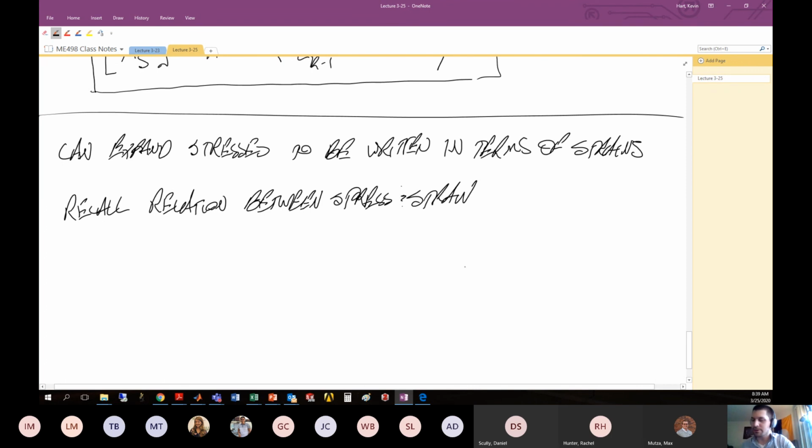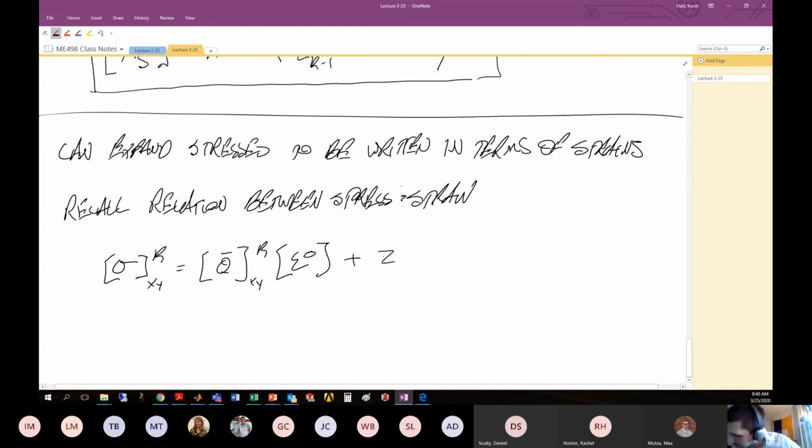We wrote at the beginning of this lecture, or sort of we reviewed, that the stress in lamina K was equal to Q bar, which is the stiffness in XY of lamina K, multiplied by the midplane strains plus the thickness times the stiffness in the XY direction of layer K, multiplied by the curvatures XY.